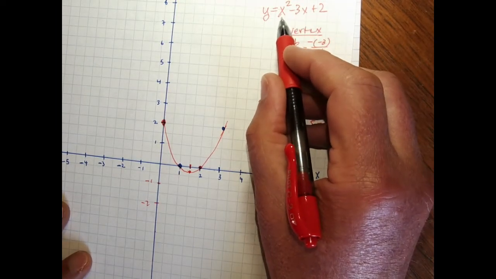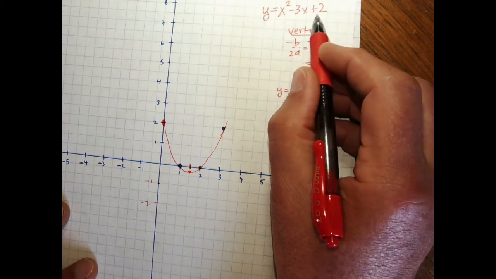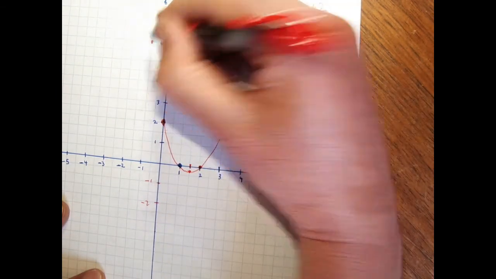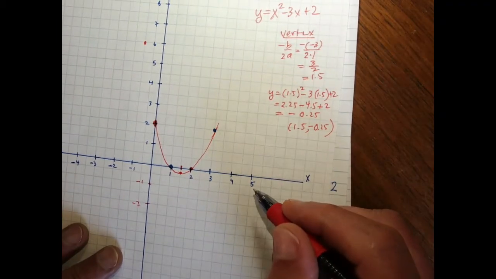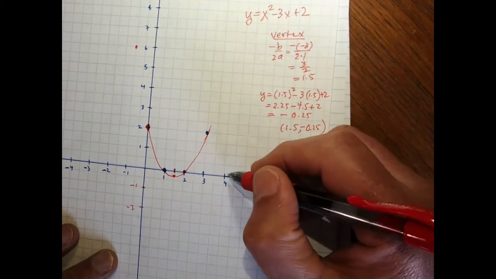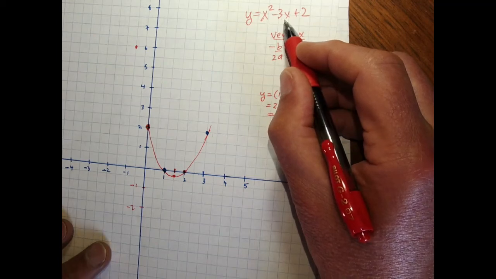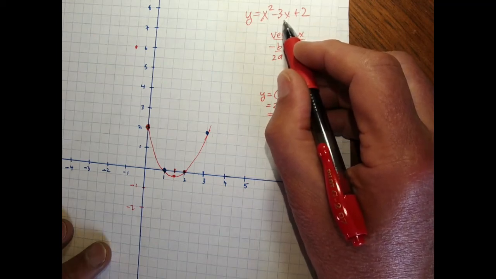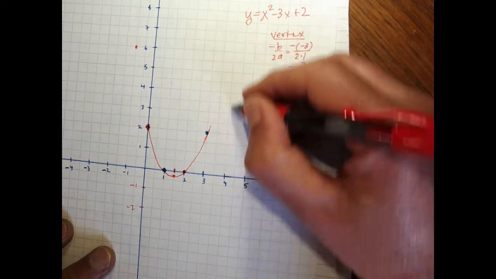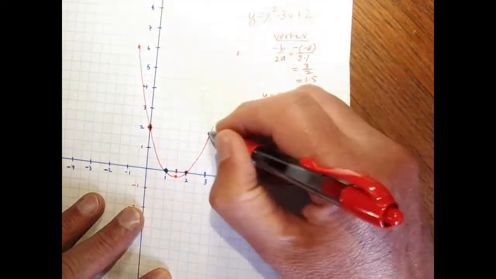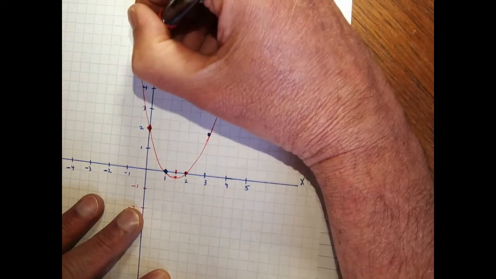I get 1 plus 3 plus 2 is, at negative 1, I think I get 6. And at 4, I get 16 minus 12 is 4 plus 2 is also 6. Just extending this a little further. Okay, maybe I got enough.